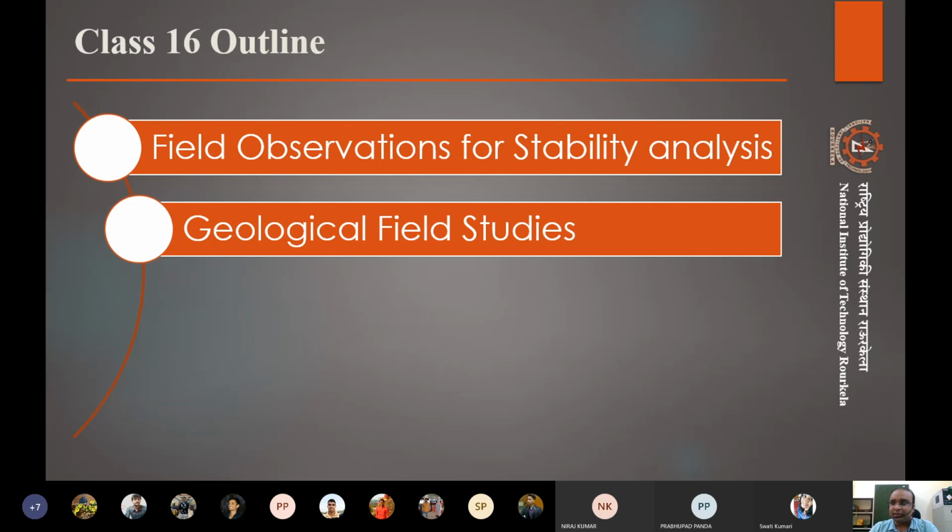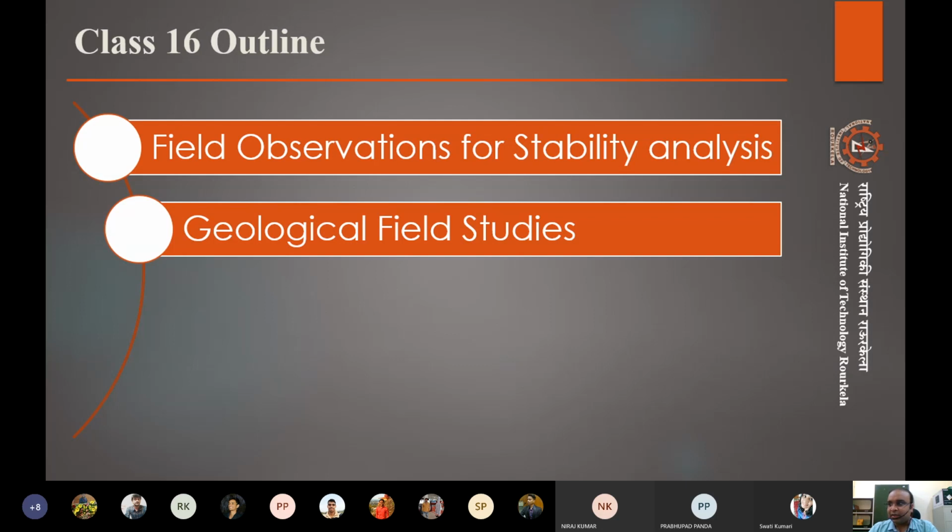How the samples are taken, and the different ways in which a site can be mapped, or the details of that site can be known, either by just physically observing or by using certain heavy or technical equipment. What are those? Which are these?